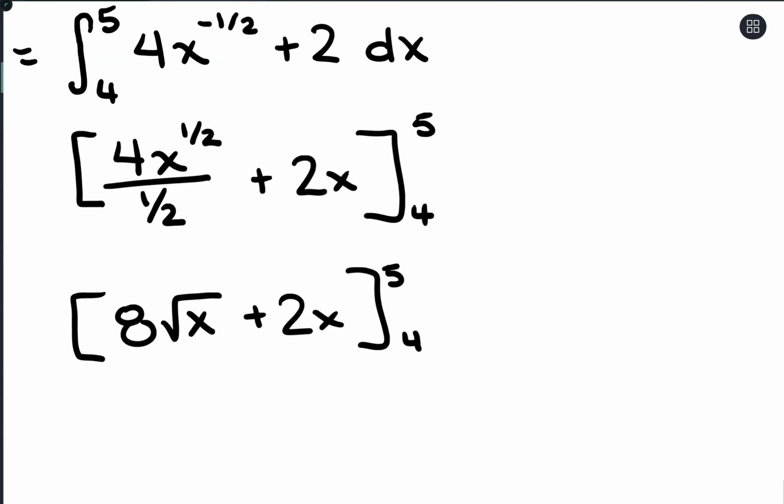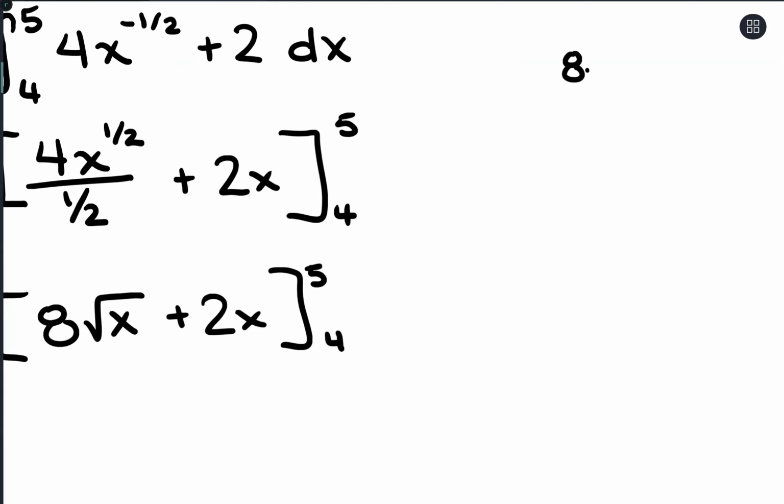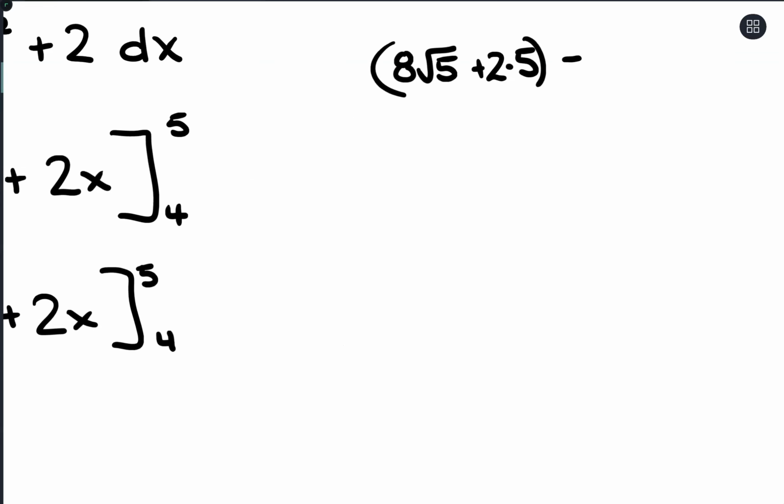Okay, plug in 5, so this is going to be 8 times the square root of 5 plus 2 times 5 minus 8 times the square root of 4 minus 2 times 4.